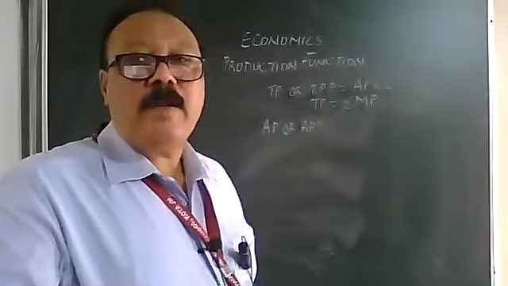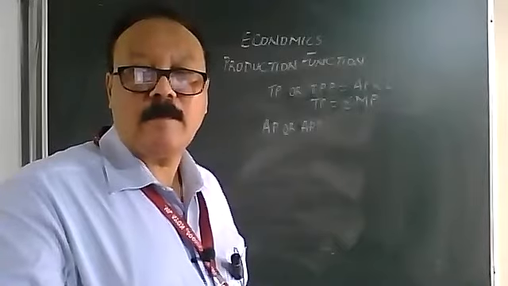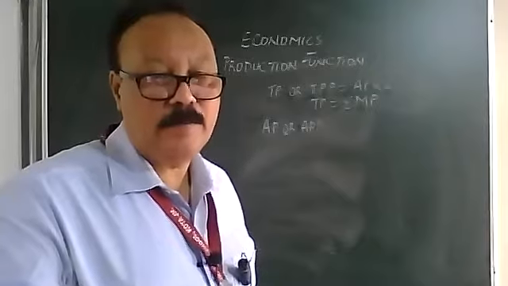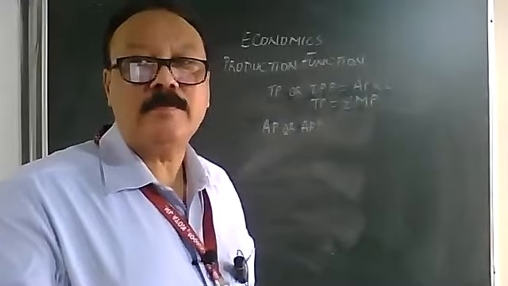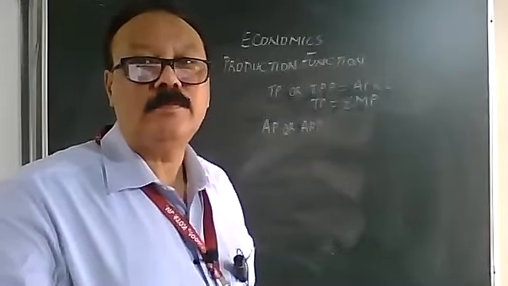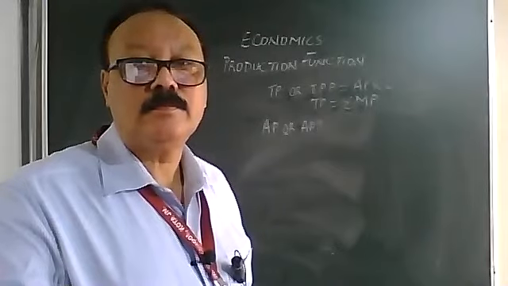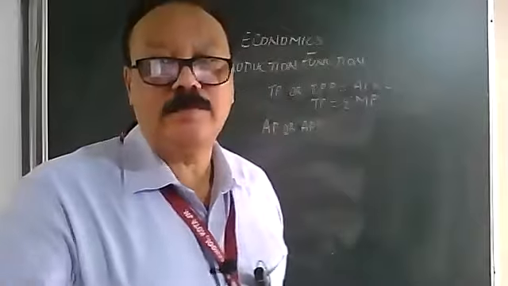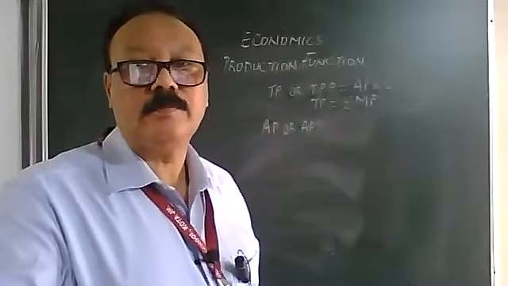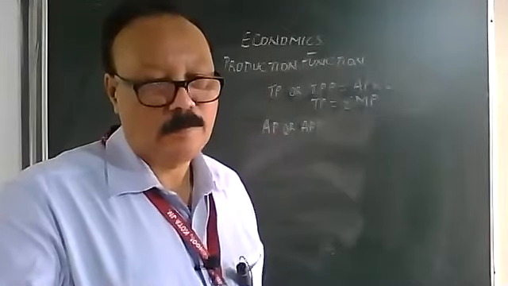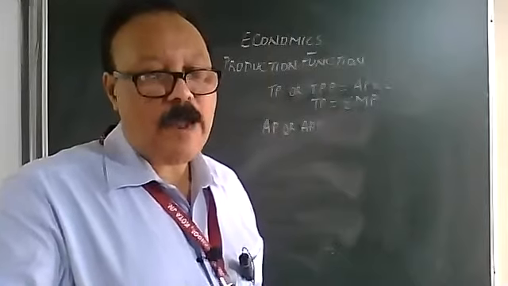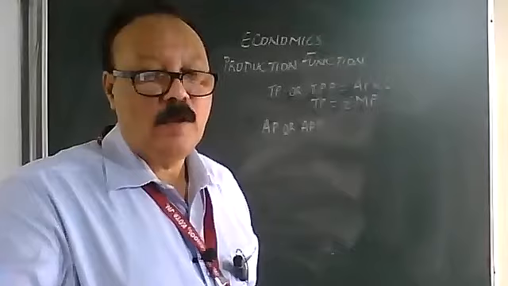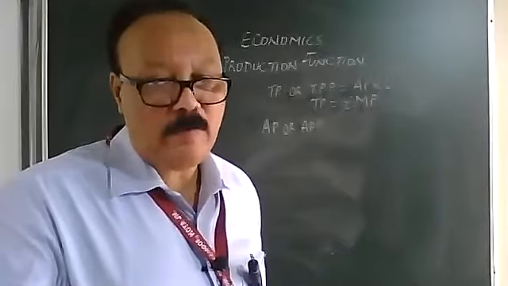It is obtained by dividing the total product by the units of a variable factor.